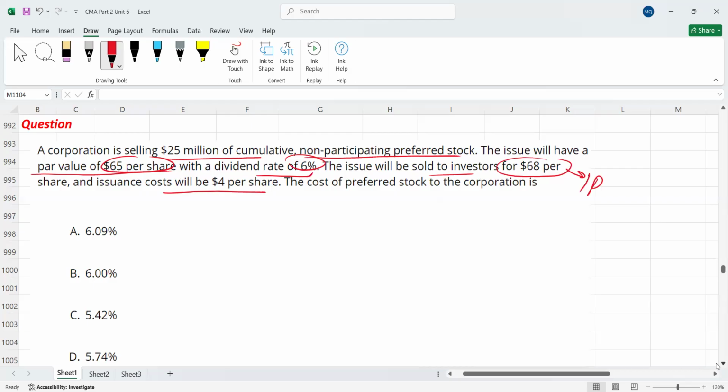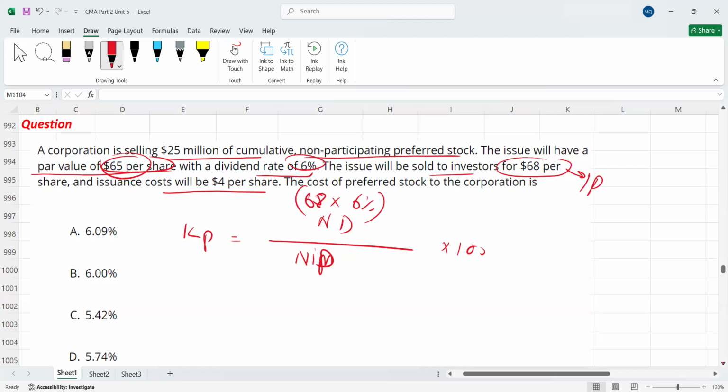Cost of preferred stock to the corporation is, how will you calculate it, because in the next question I'll show you about the WACC. So for cost of preferred stock, I told you, you take next dividend divided by net issue proceed, times 100. So how will you calculate dividend? Par value, which is $65 times 6%, will give you dividend. Can you tell me how much? It is going to be 65 times 6%.